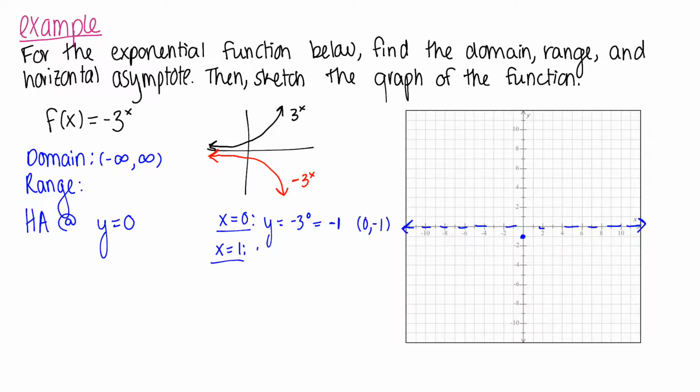So x equals 1, y equals -3 to the 1. So that's -3. That's the point (1, -3). And we'll do 2. y equals -3 raised to the 2, which is -9. So we have (2, -9).